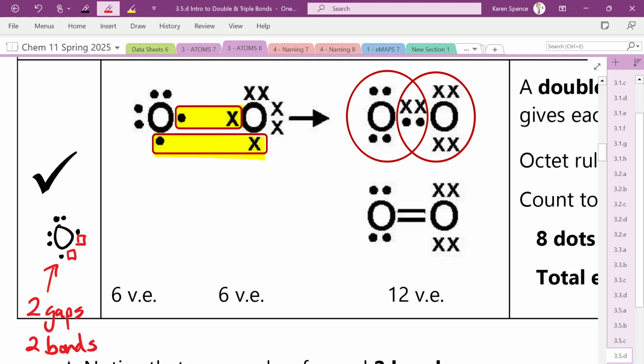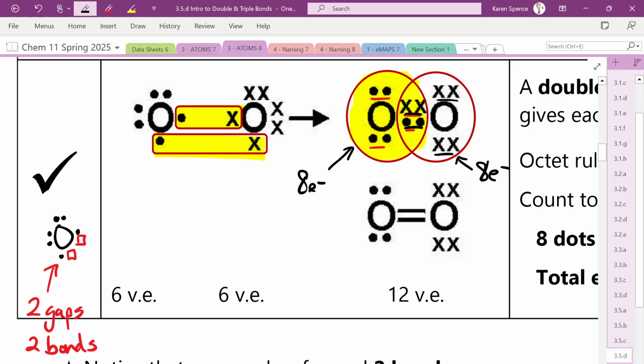Now the oxygen on the left has 2, 4, 6, 8. The oxygen on the right has 2, 4, 6, 8. So we have 8 electrons for the oxygen on the left and 8 electrons for the oxygen on the right.